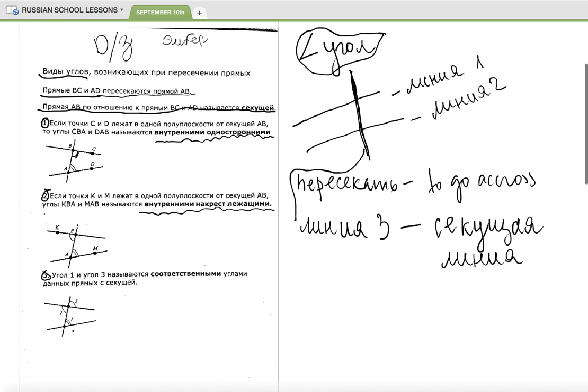Угол 1, right here. И угол 3, угол 1 и угол 3 называются соответственными углами данных прямых секущей. Соответственные. But I would not pay attention to 3 because it doesn't matter.